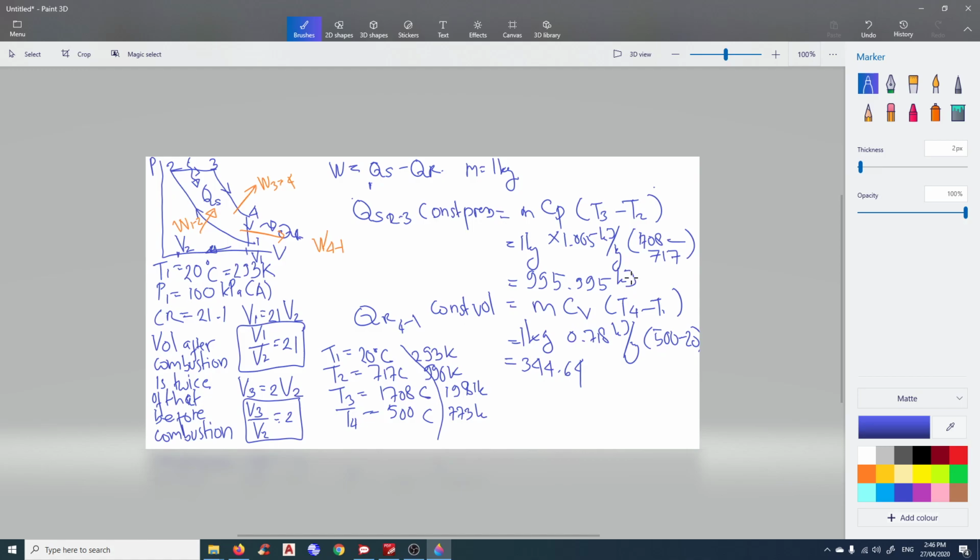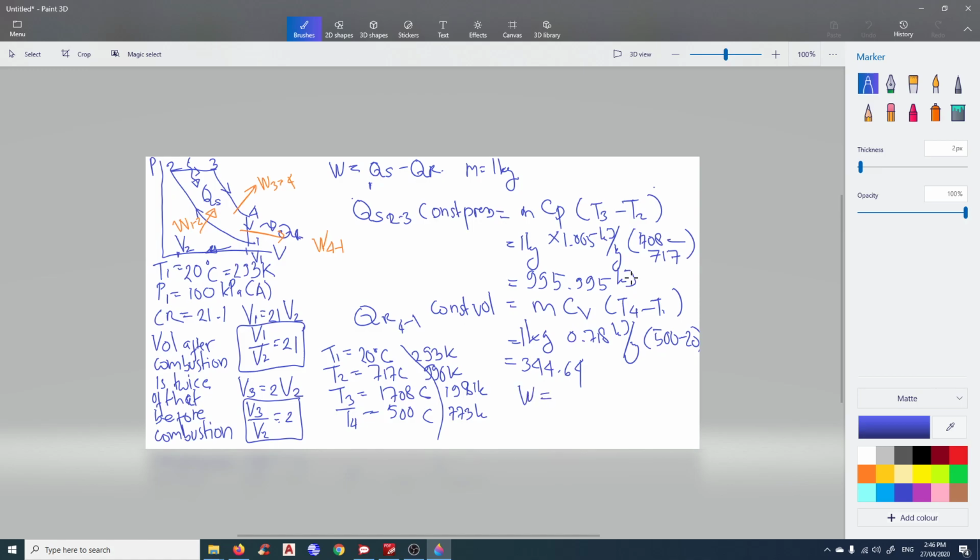Because this is delta T, or the temperature difference, it doesn't matter whether you use Kelvin or Celsius because the difference will be the same. So apologies for the confusion. In your exam, I suggest you stick with Kelvin. So instead of writing 1708 degrees Celsius, write 1981 Kelvin instead.